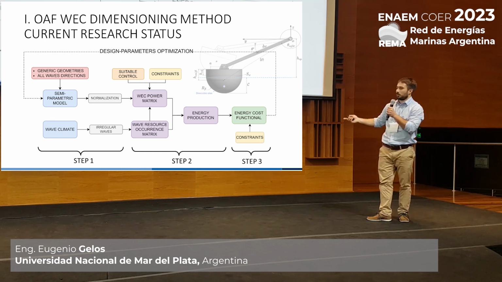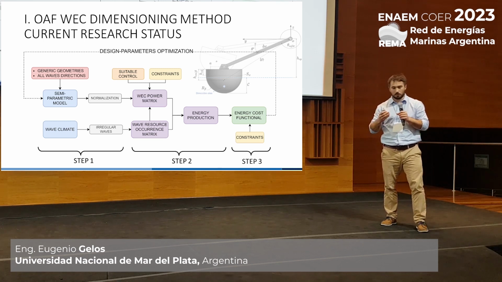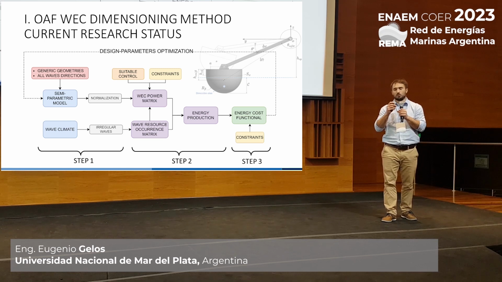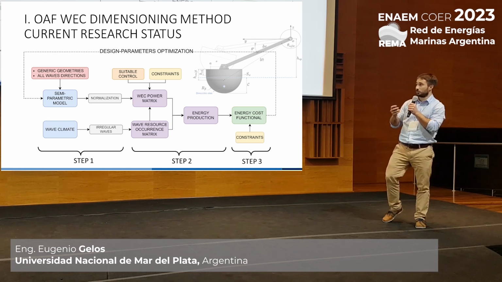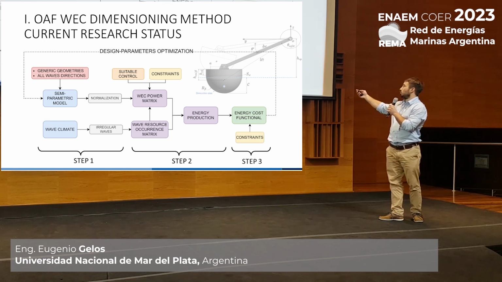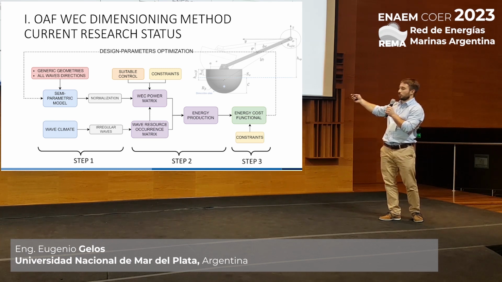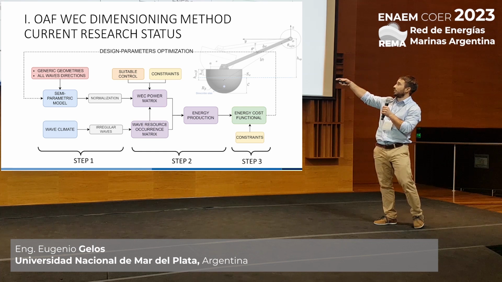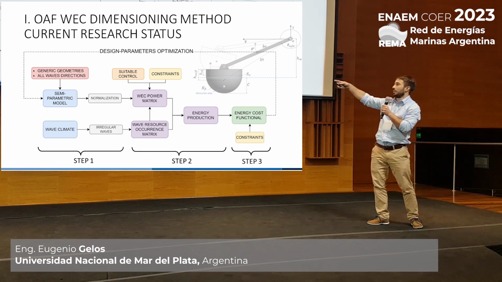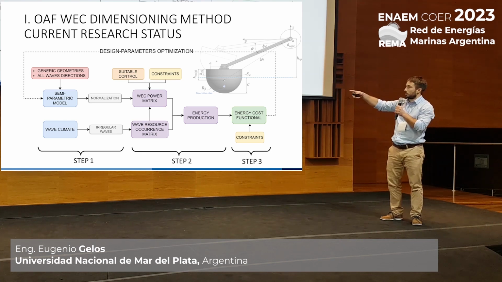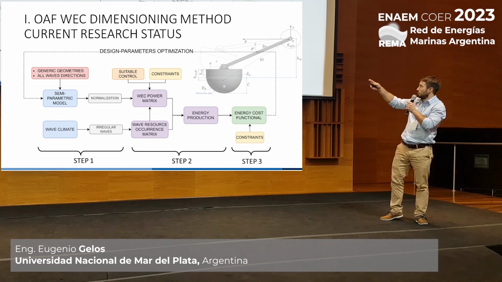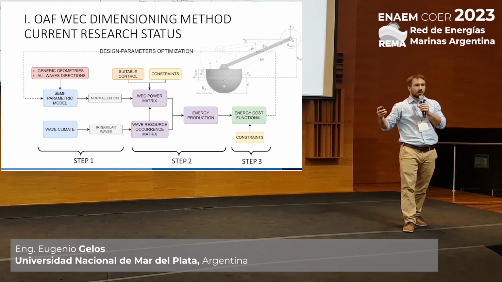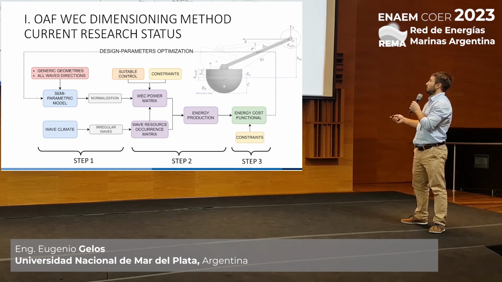Finally, in step number 3, instead of defining some parameters in order to align with some design decisions, what we propose is to evaluate an energy cost functional which will modify the design parameters iteratively, for the process to continue until the energy cost functional is reached.